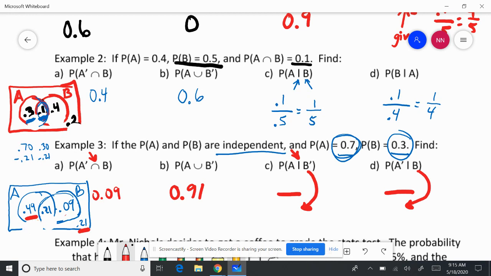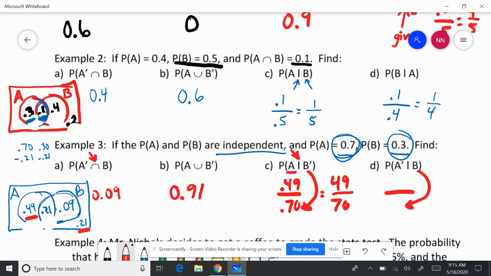Those two are not B. So if we add those two up, what we get is 0.7. That's our denominator. Now, of those two, which one is A? A would be the 0.49. And that would be 49 over 70. Remember, with probabilities, you can reduce if you want, but you don't have to.